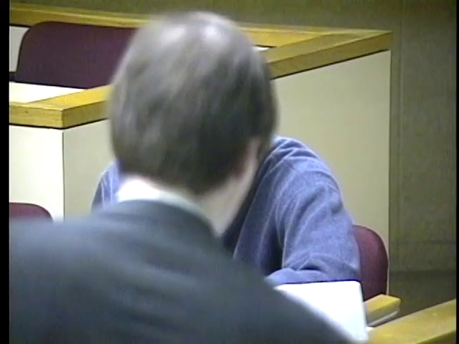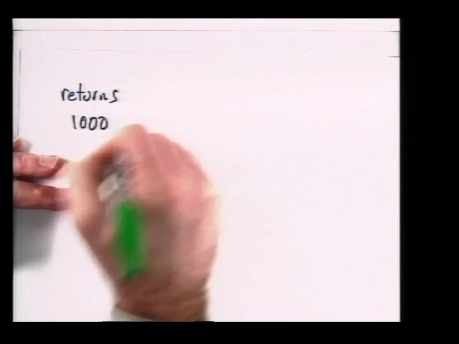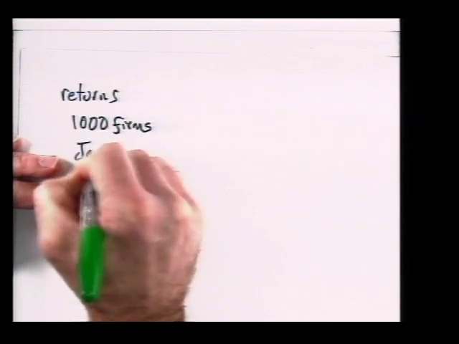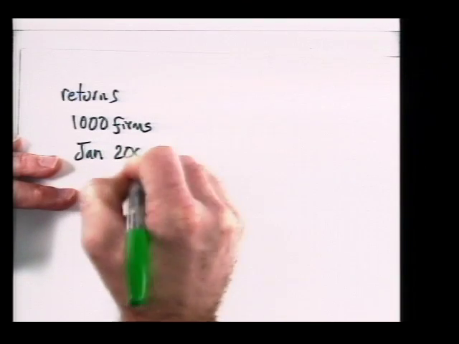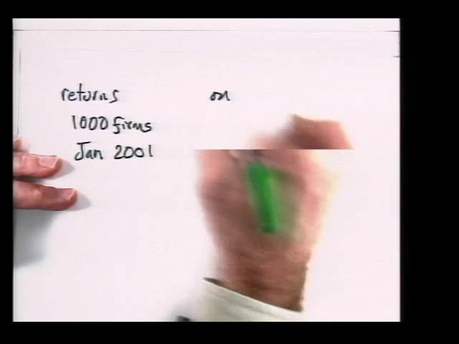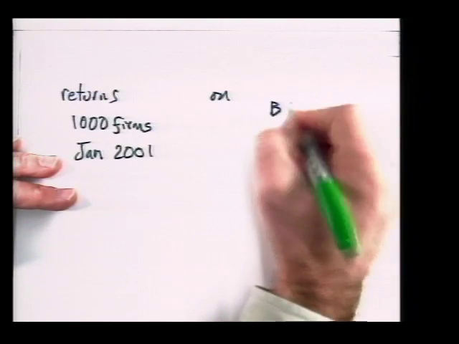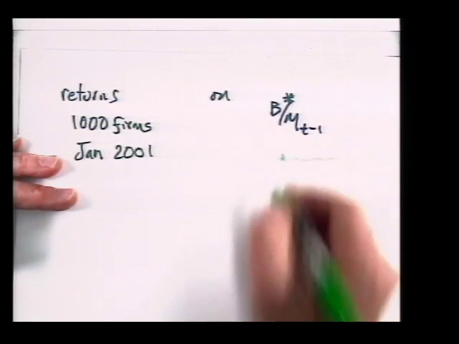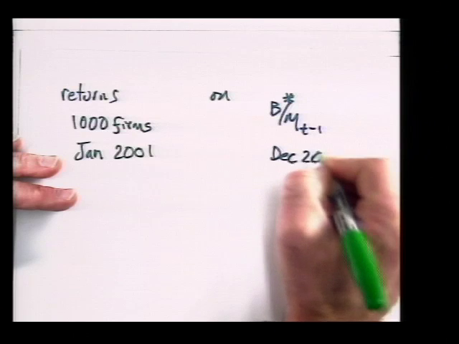Okay, and when we run that model, it's going to look like returns for 1,000 firms in January 2001 on book to market adjusted at t minus 1, available in December 2000.